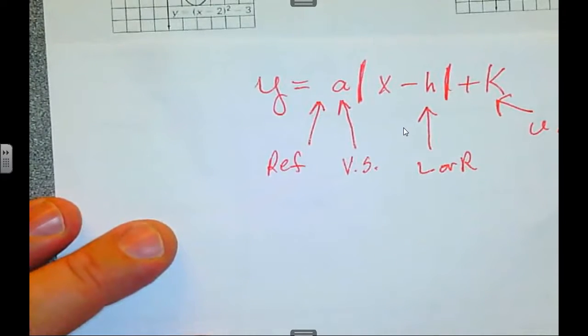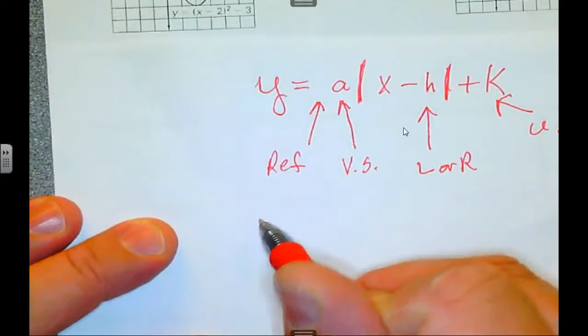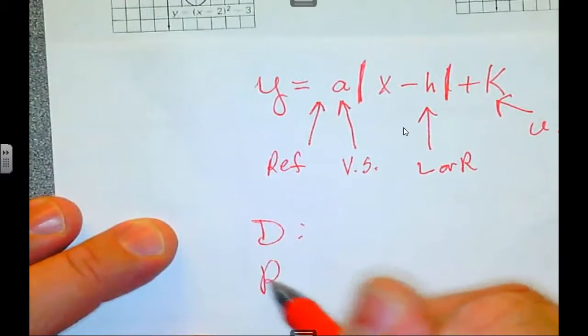Now, the same transformations are going to happen with all of the functions we look at in Algebra 2. Not only are we going to look at the transformations, we're looking at domain and range.